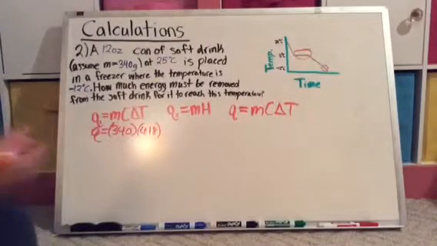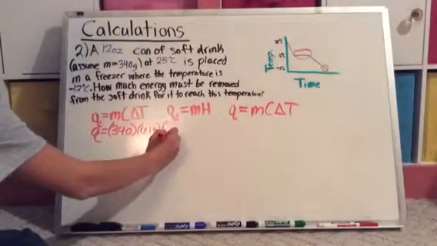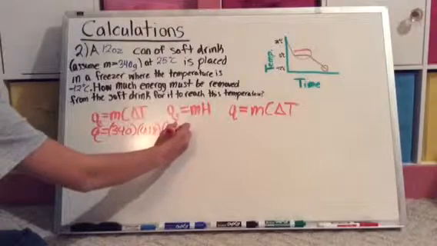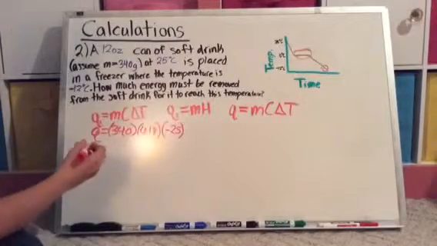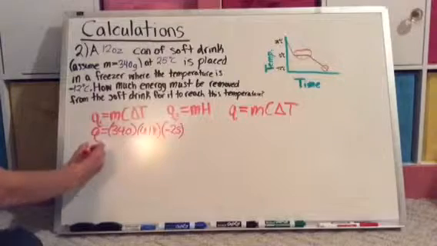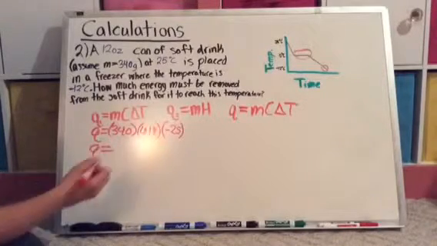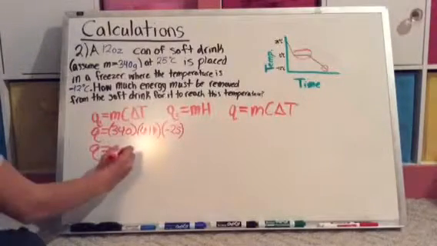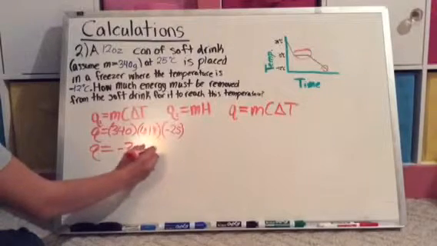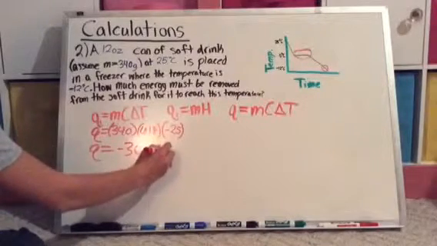And then for our temperature change, this is going to be negative 25 degrees Celsius because our temperature is decreasing. After multiplying this all up, we get negative 36,000 joules.